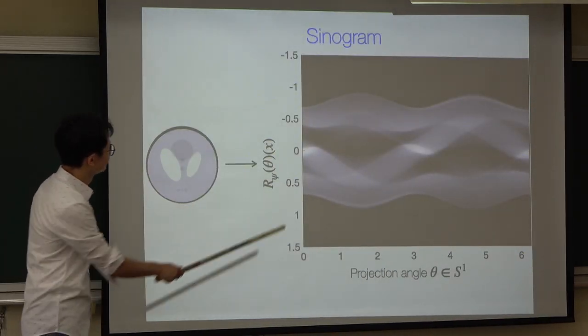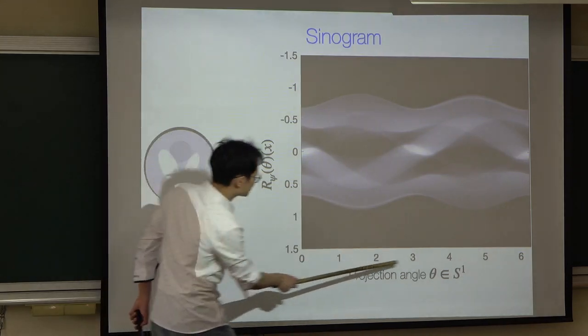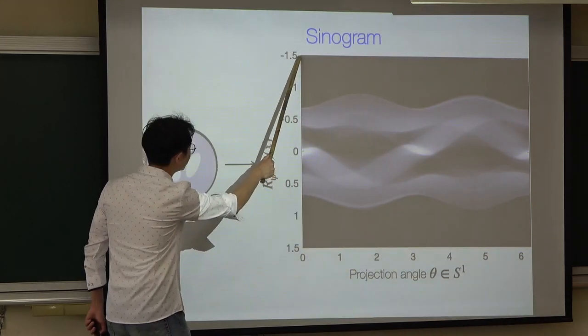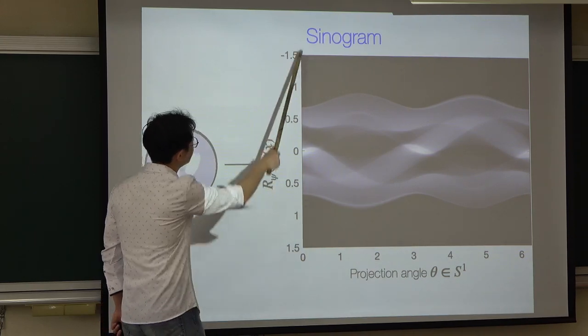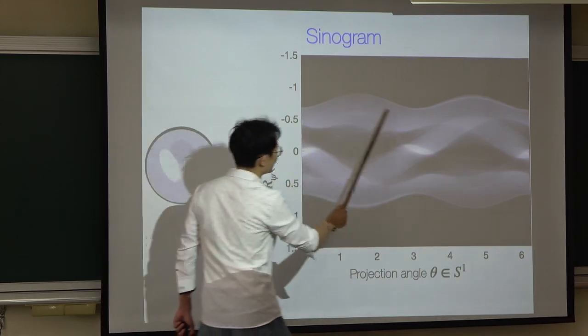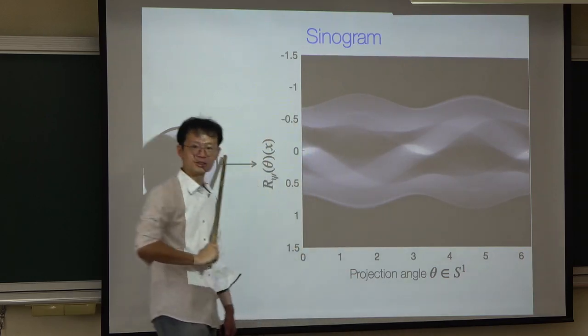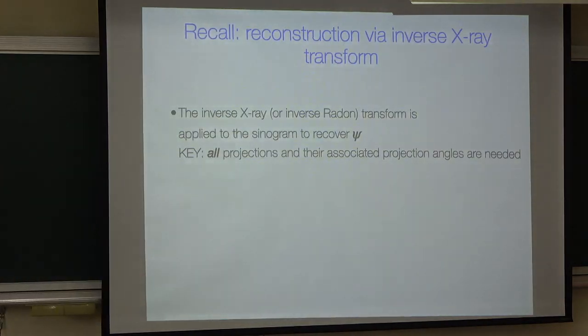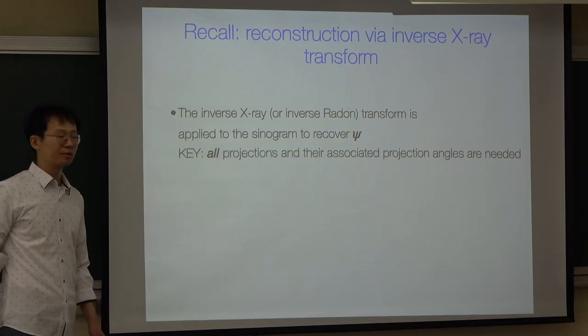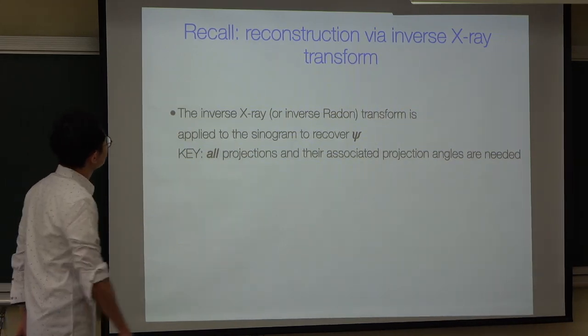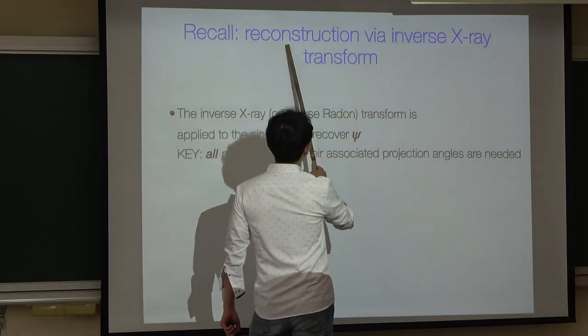This axis is the projection direction, and this is the perpendicular to the projection direction. You can see it's kind of beautiful waves, isn't it?